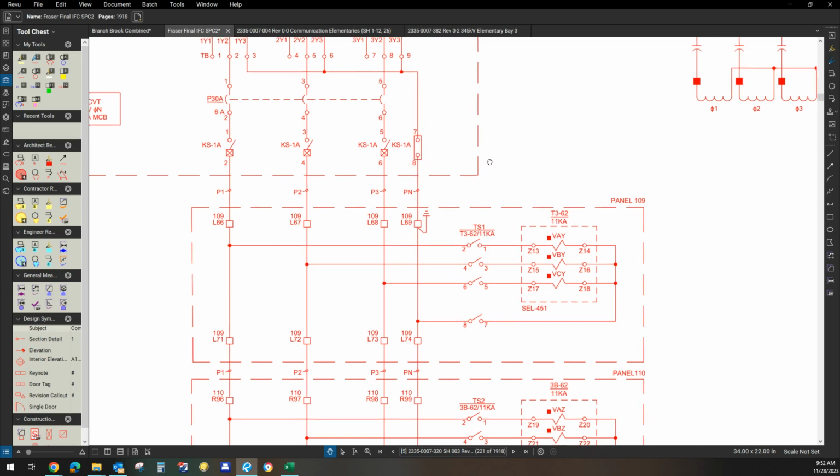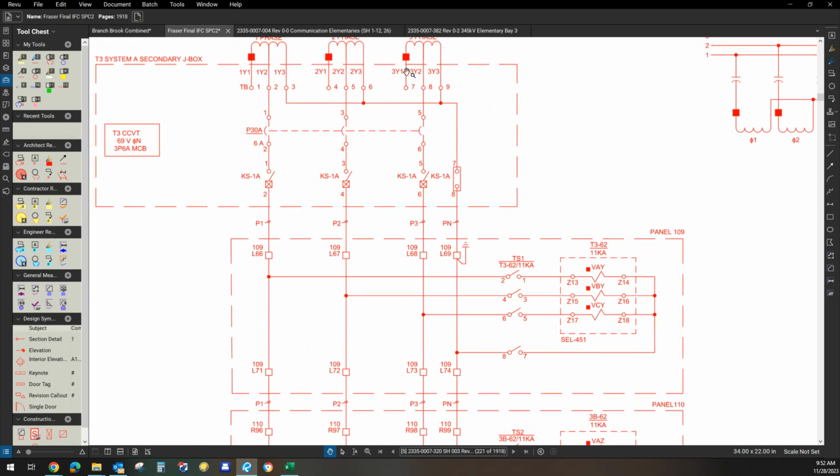Why is that there? Because when the operator comes out to the J box for the CCVT, he can isolate A, B, and C phase.